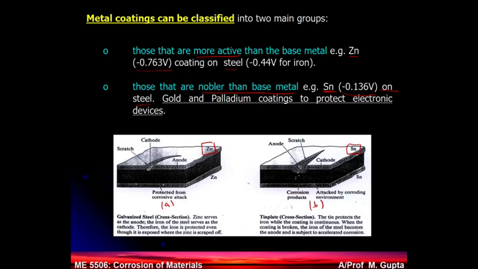Yes, the anode corrodes, right? But will the iron corrode easily or badly? Badly. That's correct. Why? Small anode and a very big cathode.